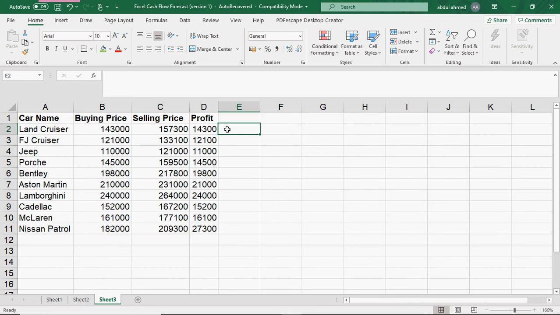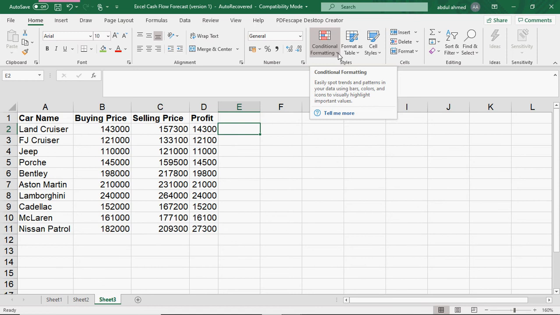And that's where I now introduce you to conditional formatting. Conditional formatting basically means changing the format of a cell if it meets a condition, if it meets a rule, if it meets an instruction.